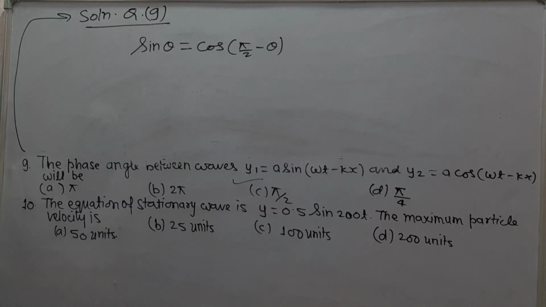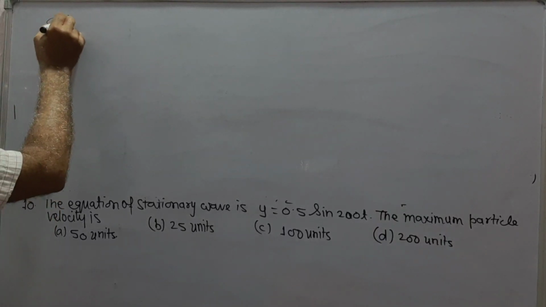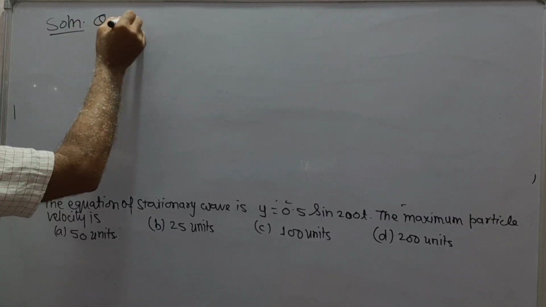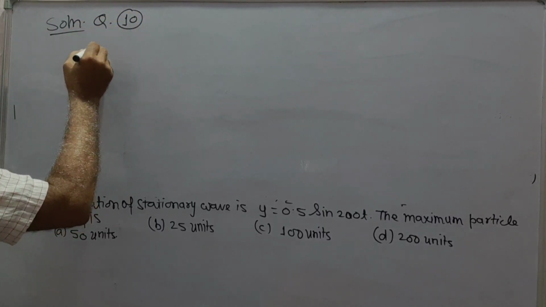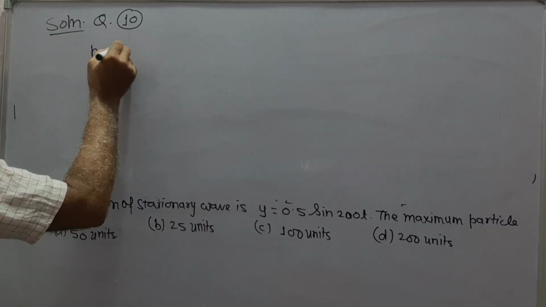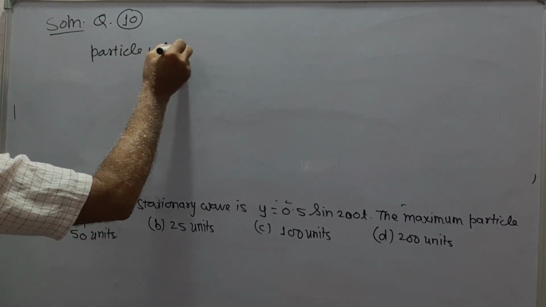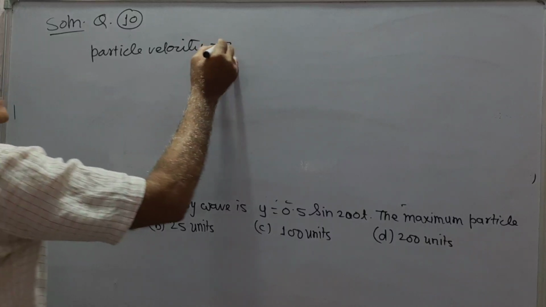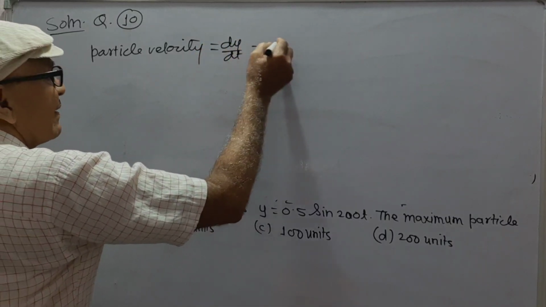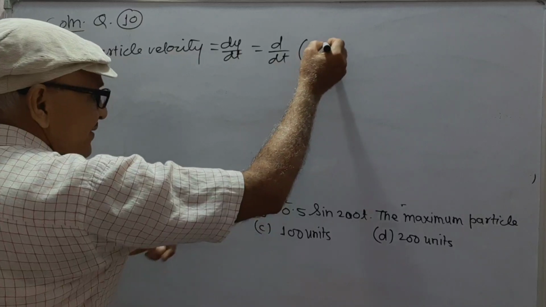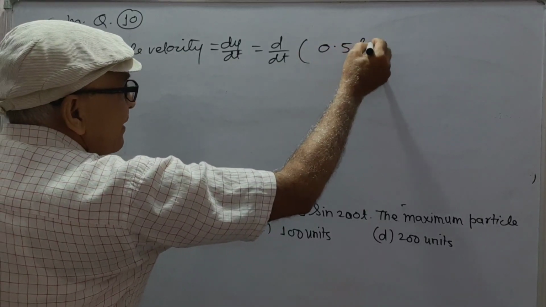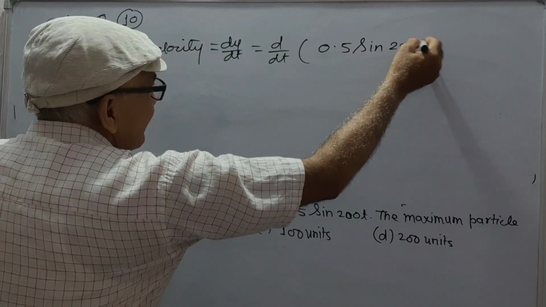Next question number 10. The question is, the equation of a stationary wave is y is equal to 0.5 sin 200 t. The maximum particle velocity will be. Solution to question 10. Particle velocity will be equal to dy upon dt. y is given to be 0.5 sin 200 t.